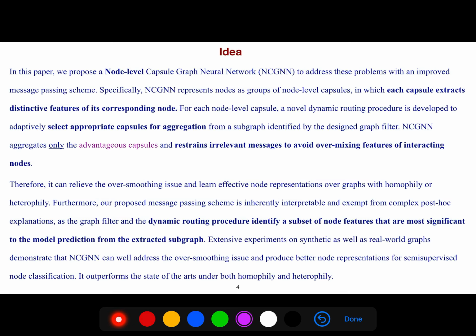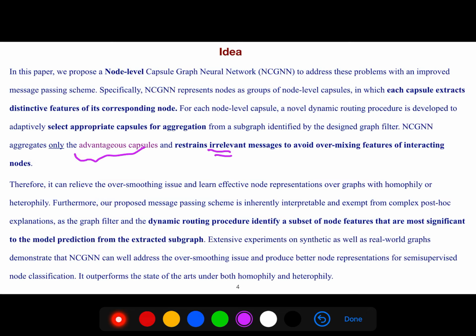For each node-level capsule, a novel dynamic routing procedure is developed to adaptively select appropriate capsules for aggregation from a subgraph identified by the designed graph filter. So it aggregates only the advantageous capsules and rejects irrelevant messages to avoid over-mixing features of interacting nodes. Therefore, it can relieve the over-smoothing issue and learn effective node representations over a graph with homophily or heterophily.